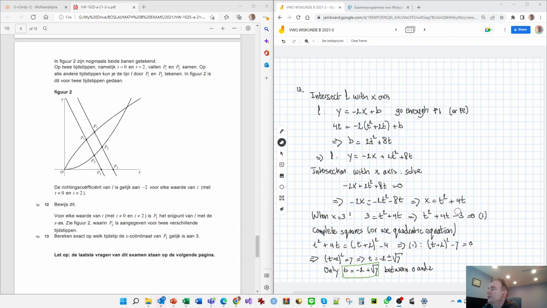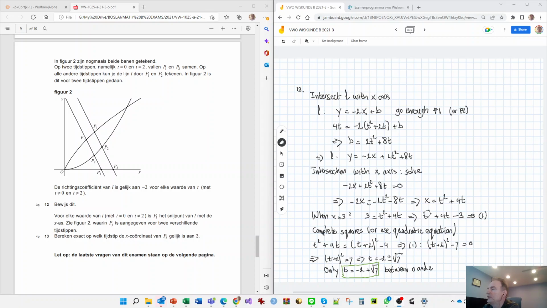Factors minus 1, 3, 1, minus 3. And that actually doesn't work. So now you can use the quadratic formula, but completing the square is actually, I think, a little bit easier.